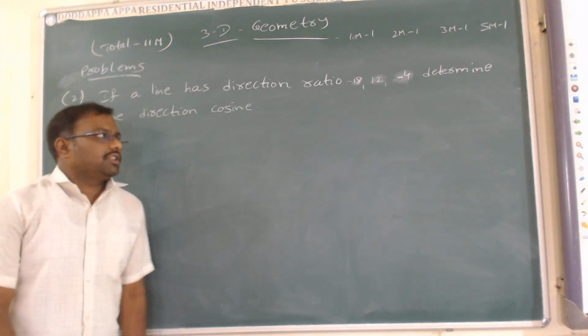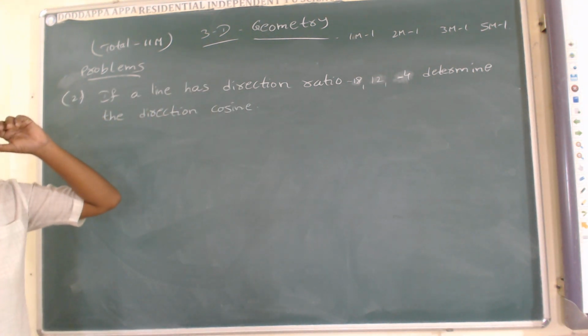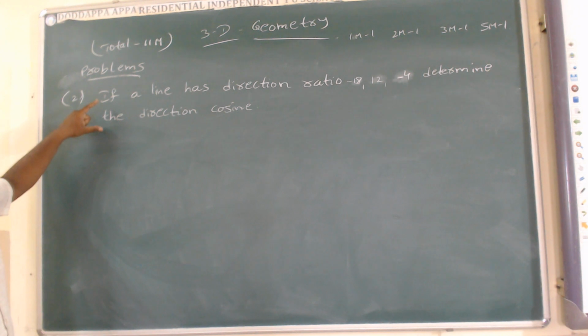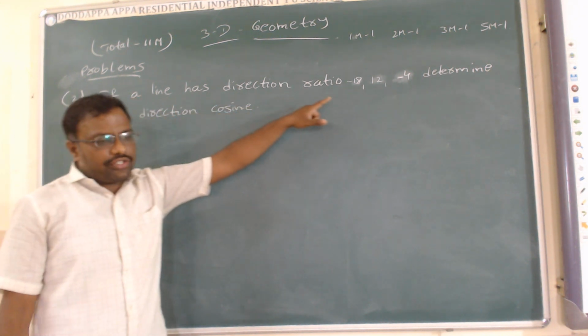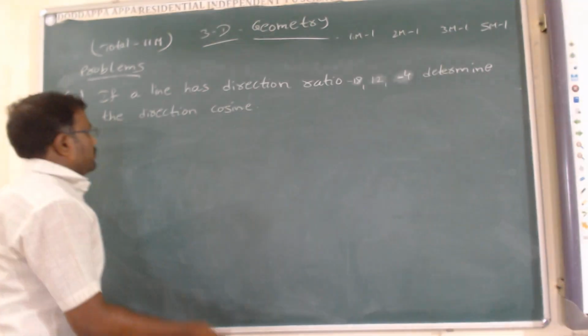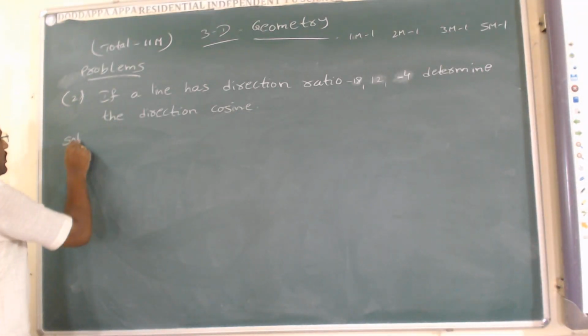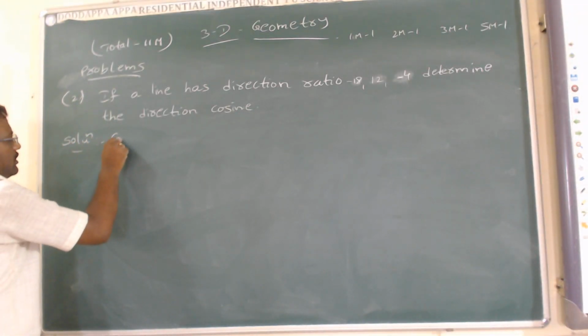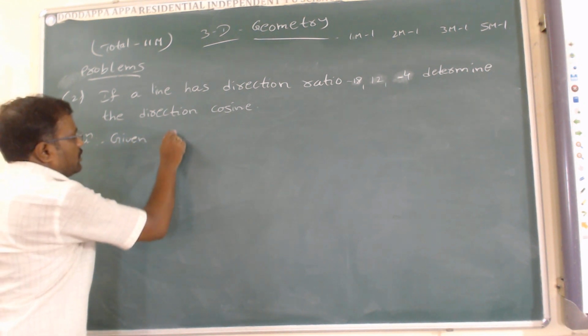Okay, so similarly another problem, same method. So here, what is the given? If a line has direction ratios minus 18, 12, minus 4, then determine the direction cosines. So first of all, you have to write the given.